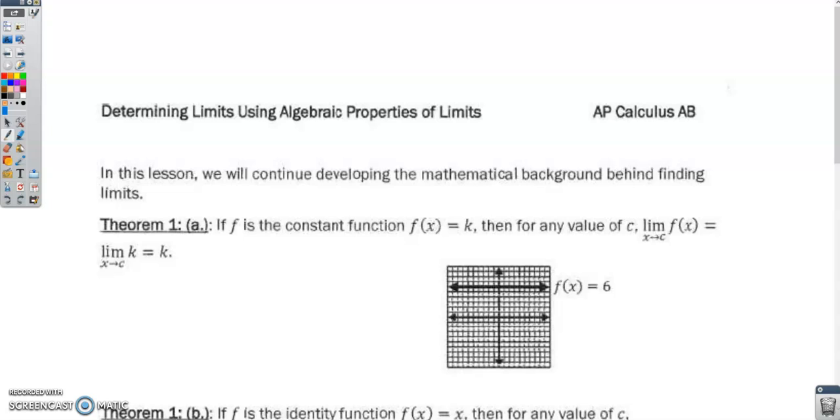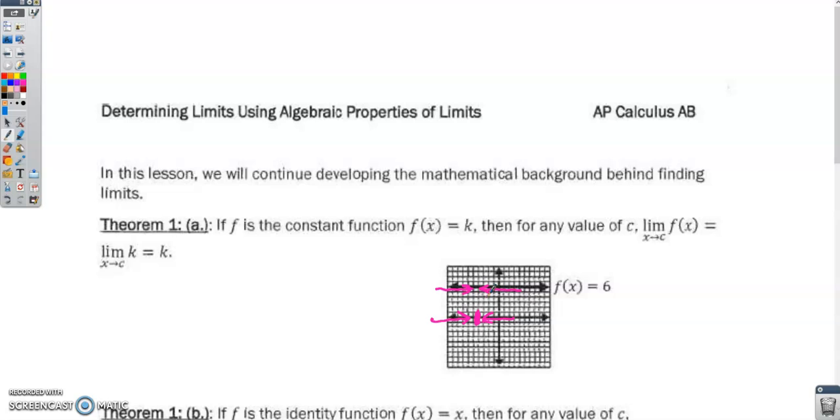So if you think about it, if we pick any arbitrary value of c, let's say we pick c equals -4, and we think about what happens to this function as we get closer and closer to -4 from both sides, well, the y value is always going to be 6.